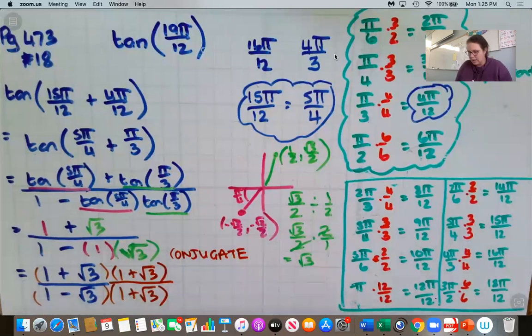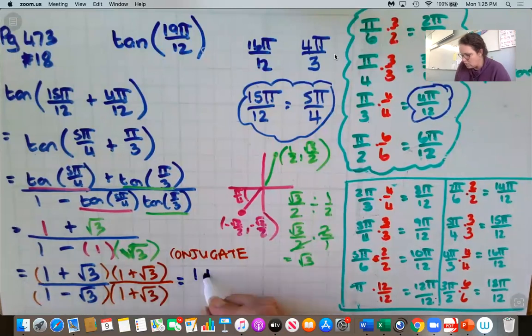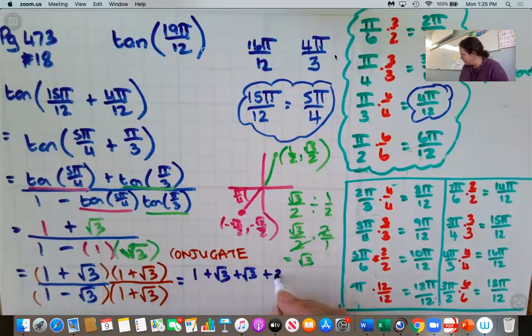So if we go ahead and simplify that, I'm going to distribute the numerator. 1 times 1 is 1. 1 times root 3 is root 3. Root 3 times 1 is root 3. Root 3 times root 3 is just 3. And then in my denominator, I'm going to have 1 times 1 is 1. 1 times root 3 is root 3.